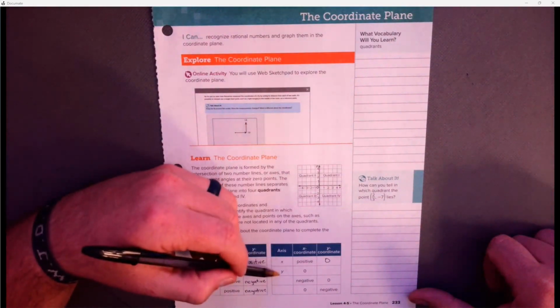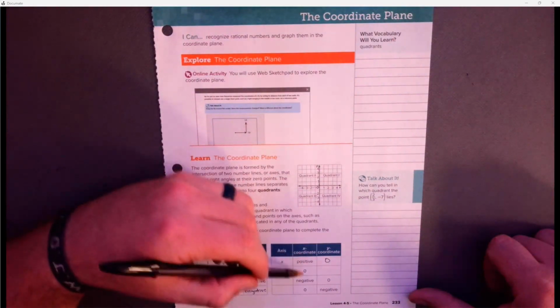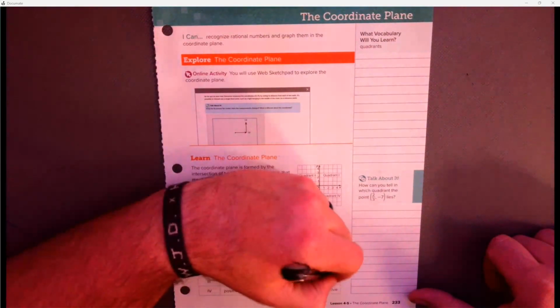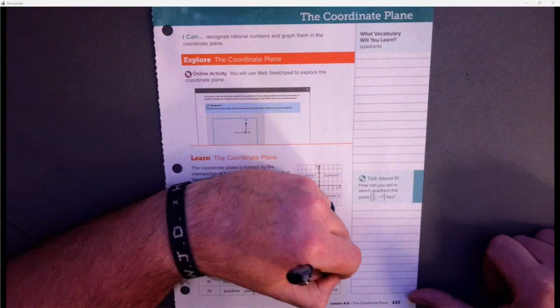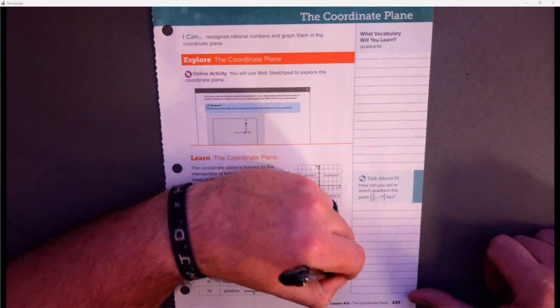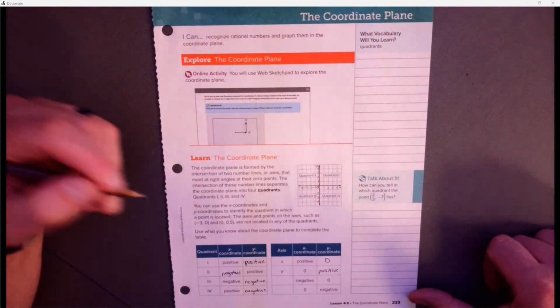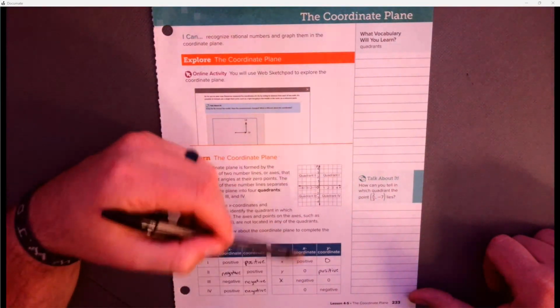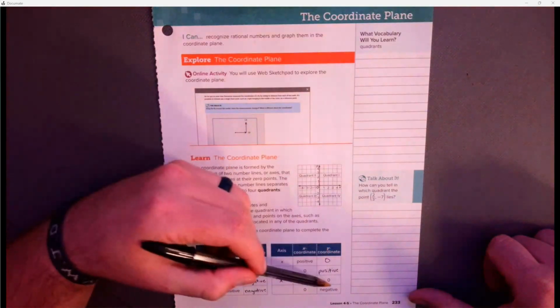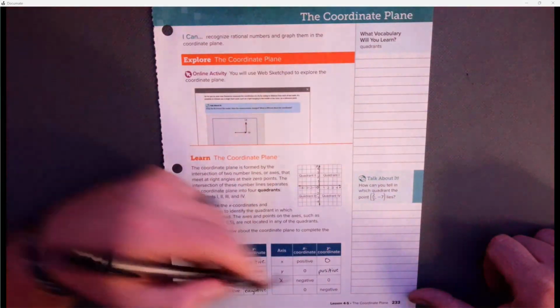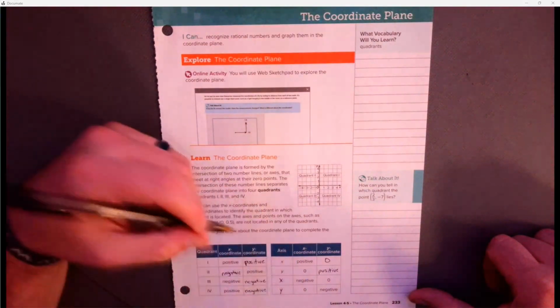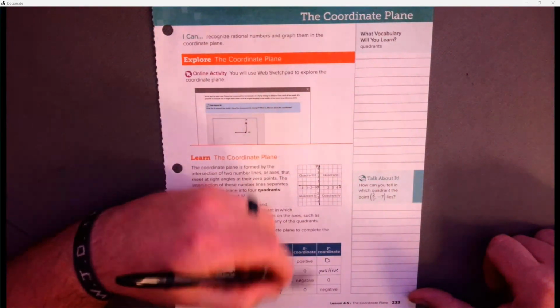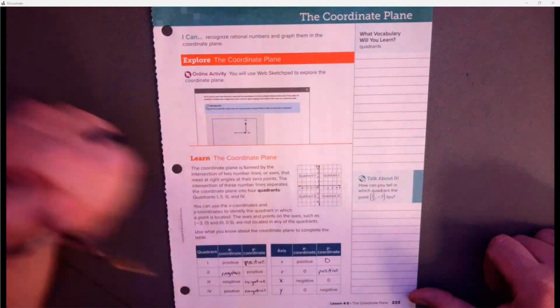If it falls on the y-axis, the x coordinate will be 0 and the y coordinate will be positive. And also, if it falls on the x-axis, the x-coordinate can be negative and the y-coordinate will be 0. If it falls on the y-axis, the x-coordinate will be 0 and the y-coordinate can be negative.